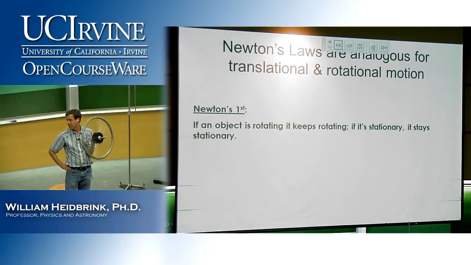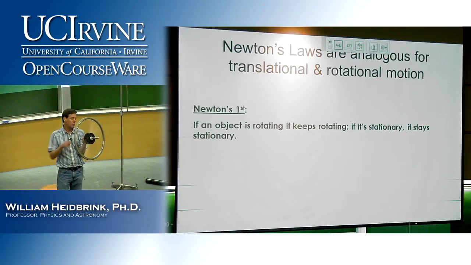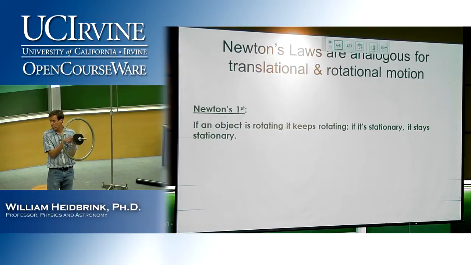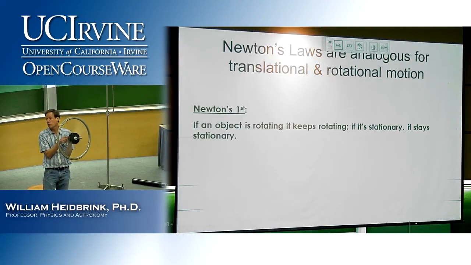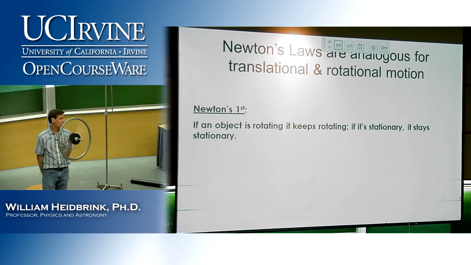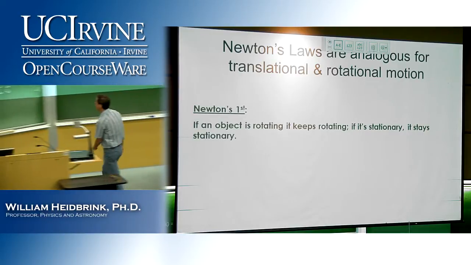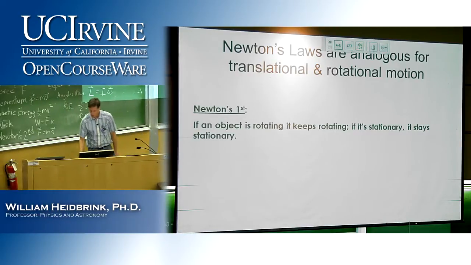If there's no torque done to it. Now, of course, these things have bearings that are really good, so there isn't very much torque or energy dissipation associated with the bearings. So Newton's first is it likes to keep rotating. If it's stationary, it likes to stay stationary. That's it. It's just like Newton's first for translational motion.